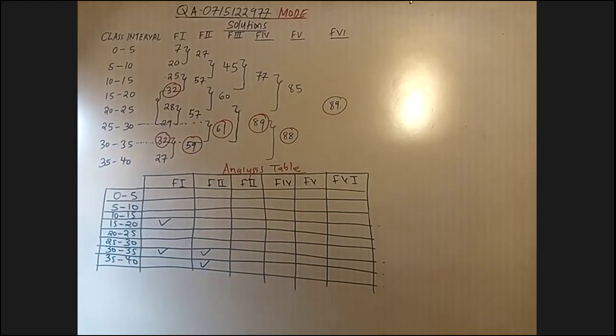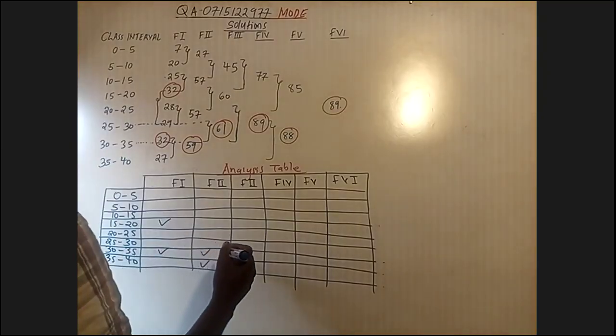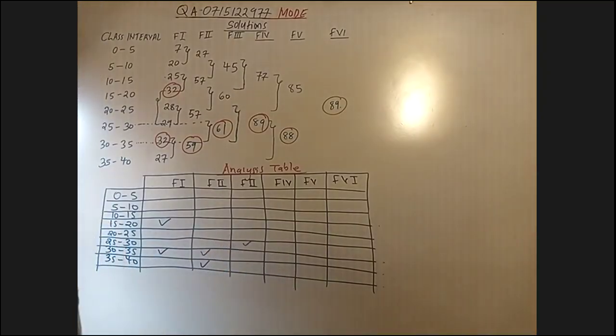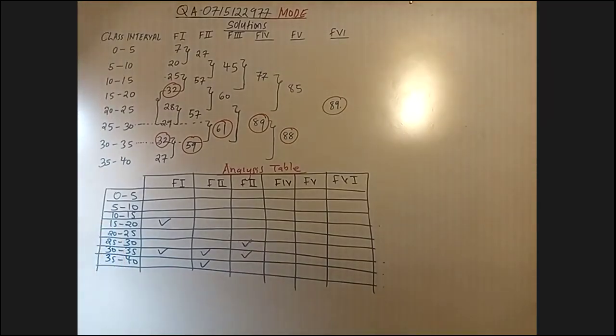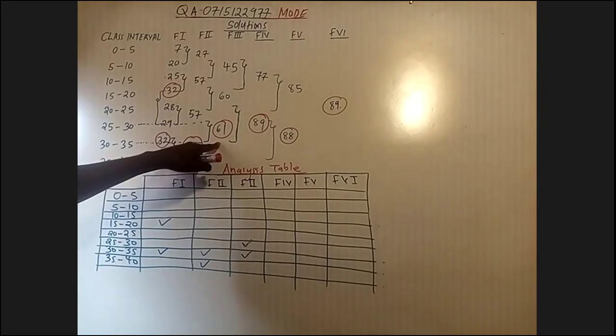So which one and which? 25 to 30 and 30 to 35. We are done with that; that is F3.